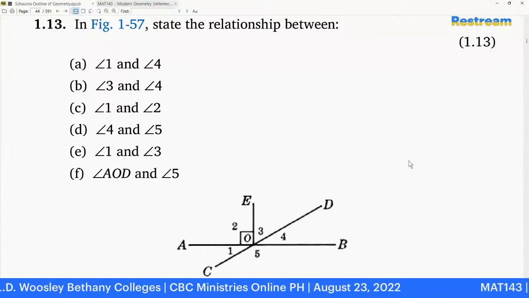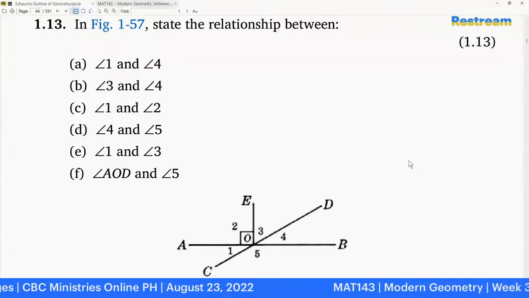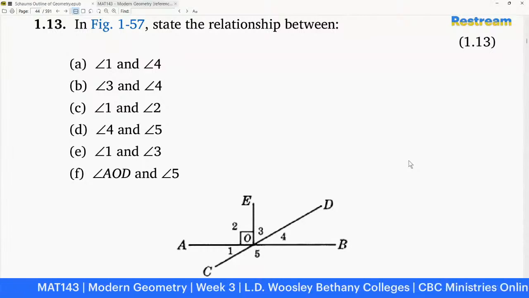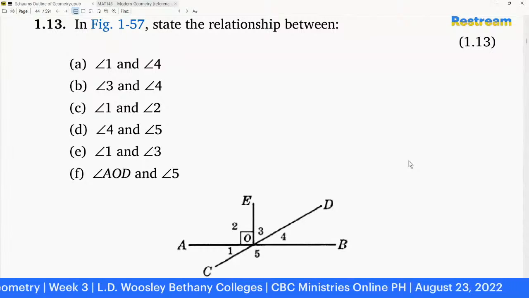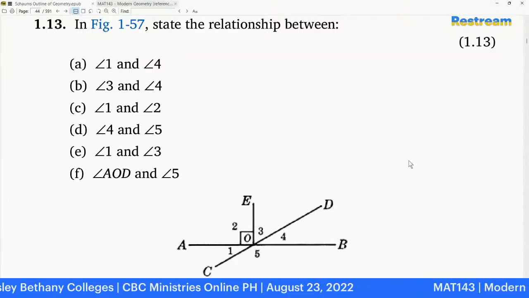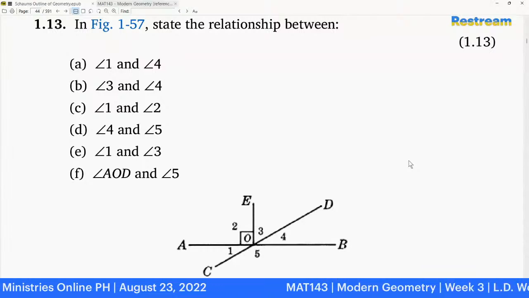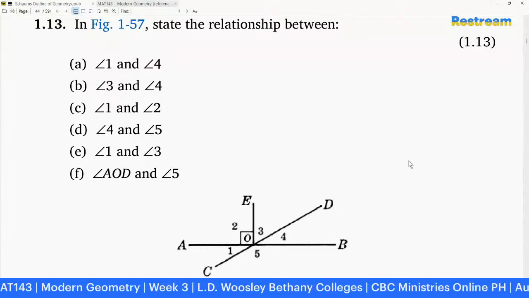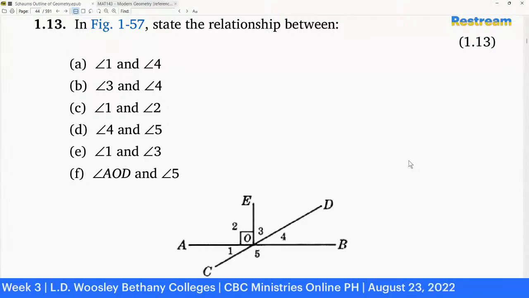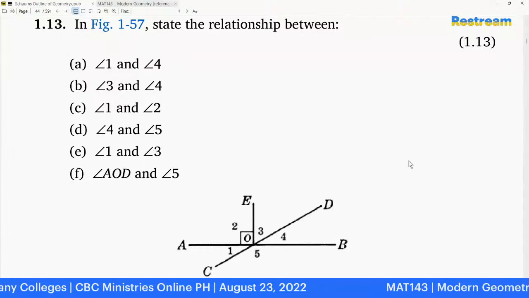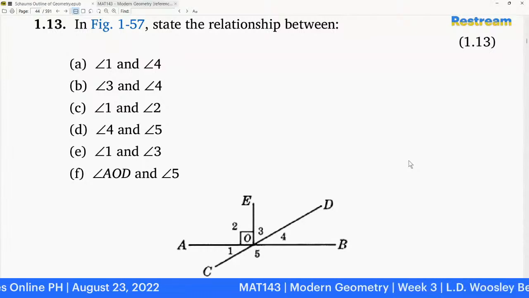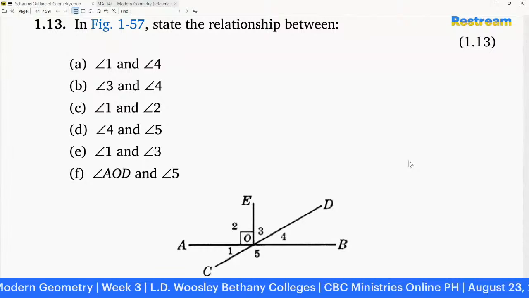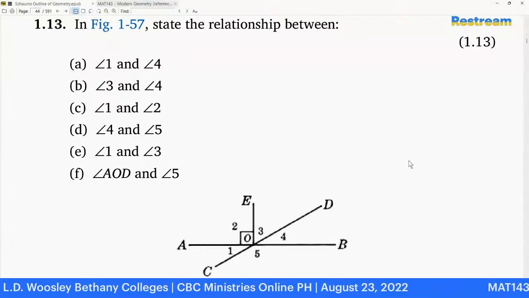What can you say about the relationship of 3 and 4? Micaela, sige, ikaw na lang sumagot for letter B. Ako na po, sir. Oo nga, kasi we cannot hear. Sige, we skip letter B muna. Letter C. 1 and 2. They are adjacent angles. Adjacent angles. Okay. Those are the relationships.